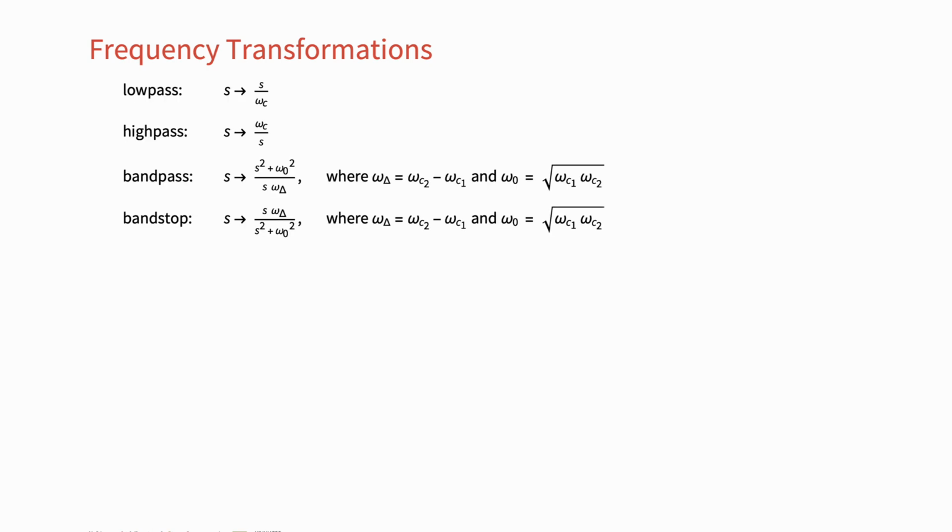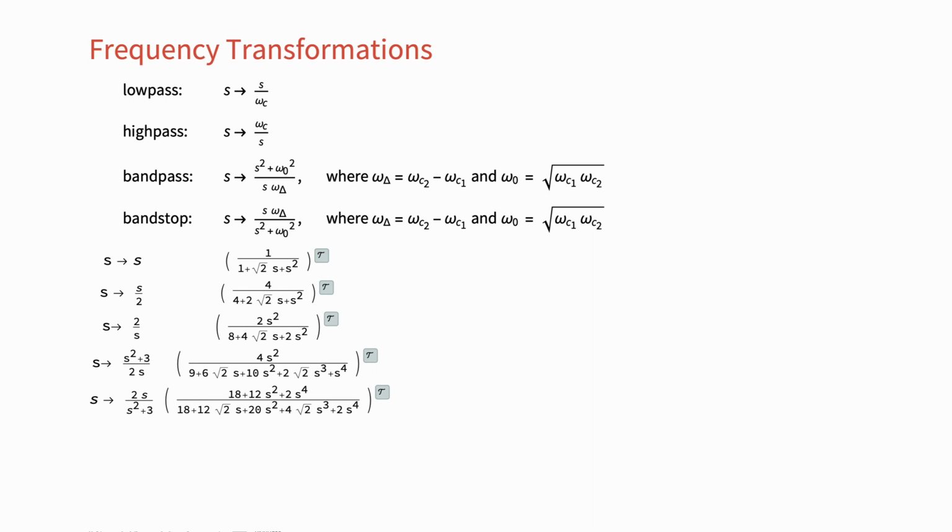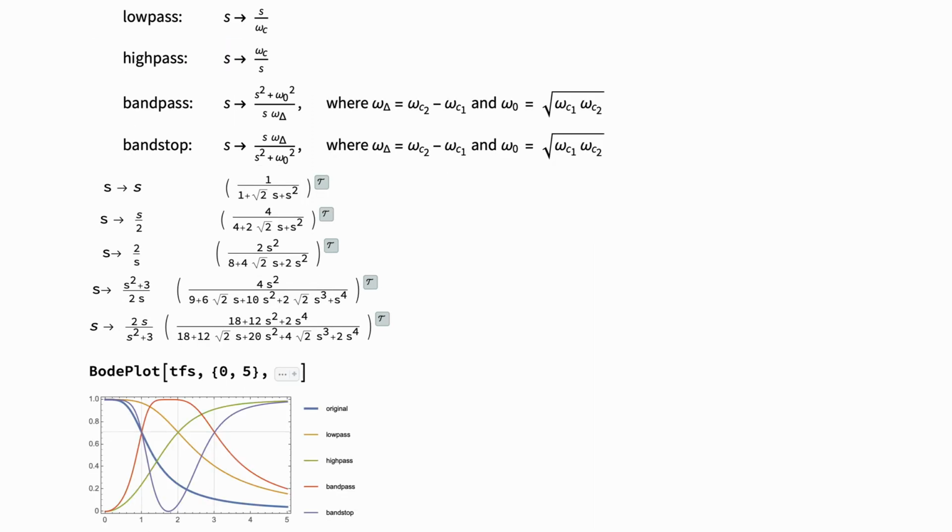Given the transfer function of a normalized filter with cutoff frequency of 1, we can get different types of filters, low pass, high pass, band pass, and band stop, using a simple frequency transformation, as shown here. Let's use the Wolfram language to plot our 4 different transformations of the normalized Butterworth filter.